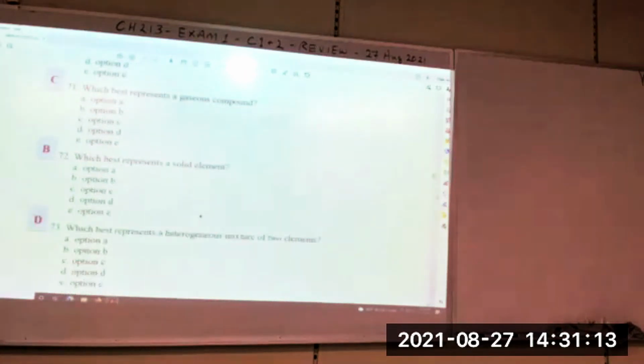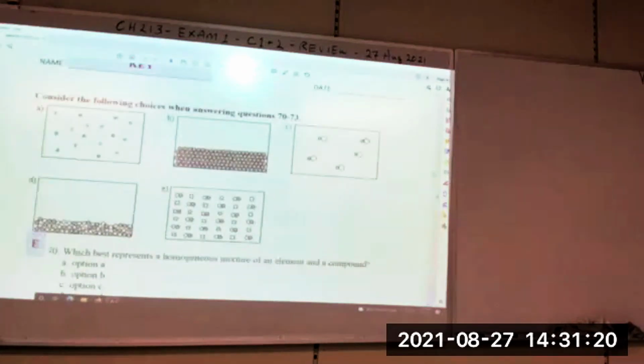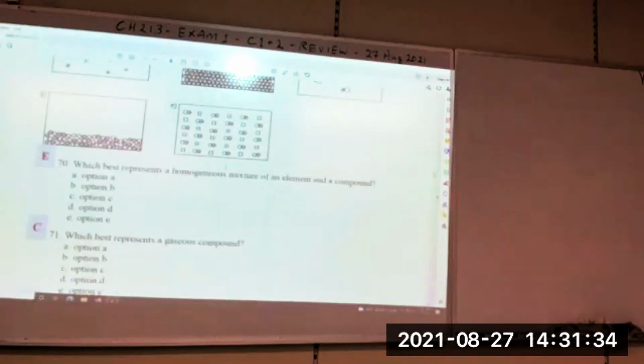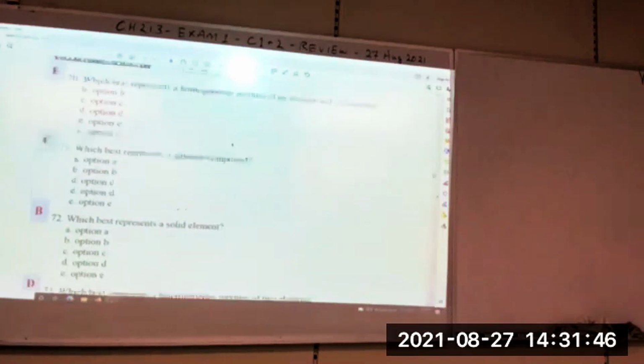Oh, 71 is, which is a gaseous compound. In this one, you need to understand what a gas is. Well, a gas is one where the particles are really far apart. So we're looking at this one or that one. What did it say, 71? A gaseous compound has to be this one, C. 72, which represents a solid element.